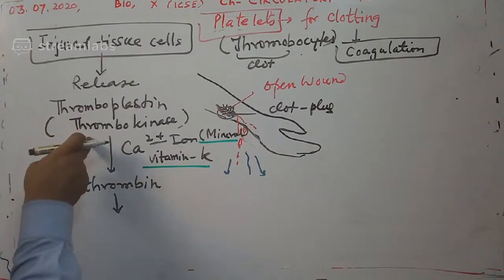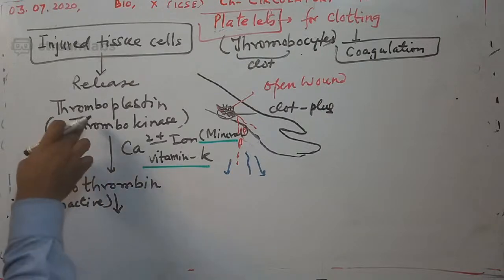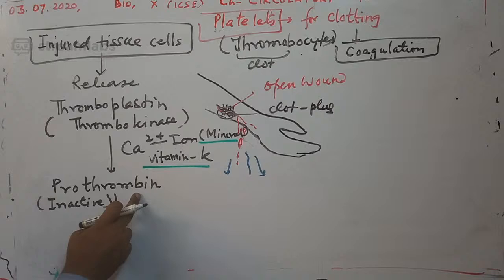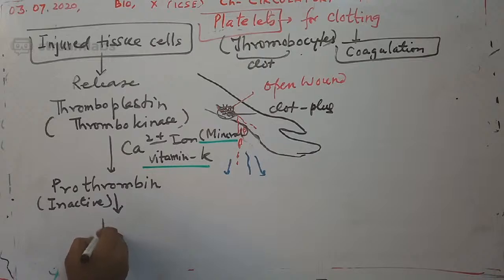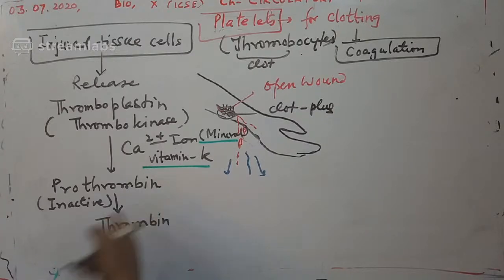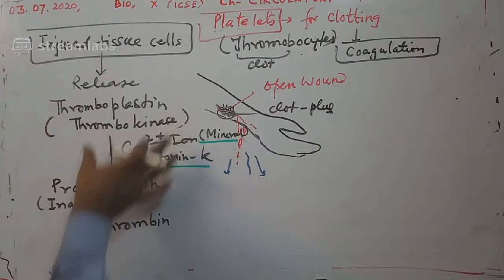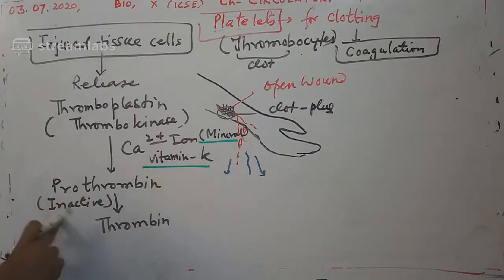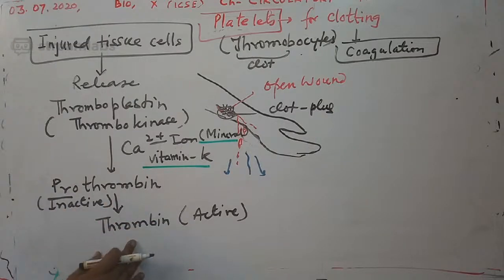Prothrombin is in inactive form. All these things are present in blood. When thrombokinase is released, it works on prothrombin, and prothrombin changes into thrombin. These all work as enzymes. Okay, so I repeat, thromboplastin or kinase are enzymes working on prothrombin, which is in inactive form, and it is changed into active thrombin.